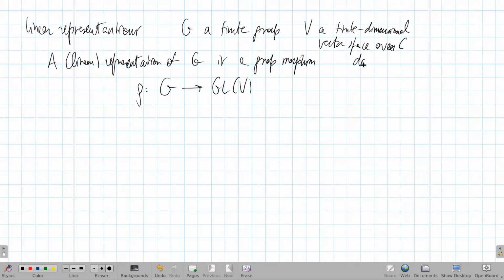Say if the dimension of V is n, the n by n invertible matrices.